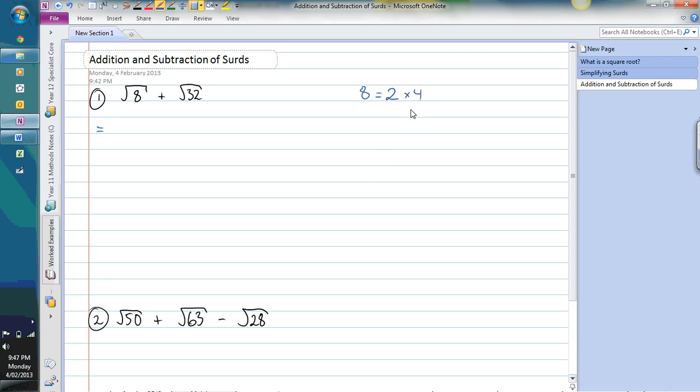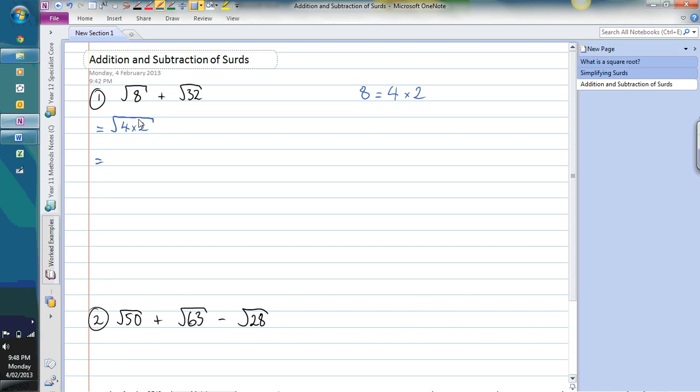Now 2 and 4 is pretty nice because 4, if you think back to simplifying surds, is a square number. It's a good choice for this. In fact, what I'm going to do is I'm going to put the 4 first. It doesn't make a difference, but it just saves us some simplification later on. So I'm going to write the square root of 8 as the square root of 4 times 2.